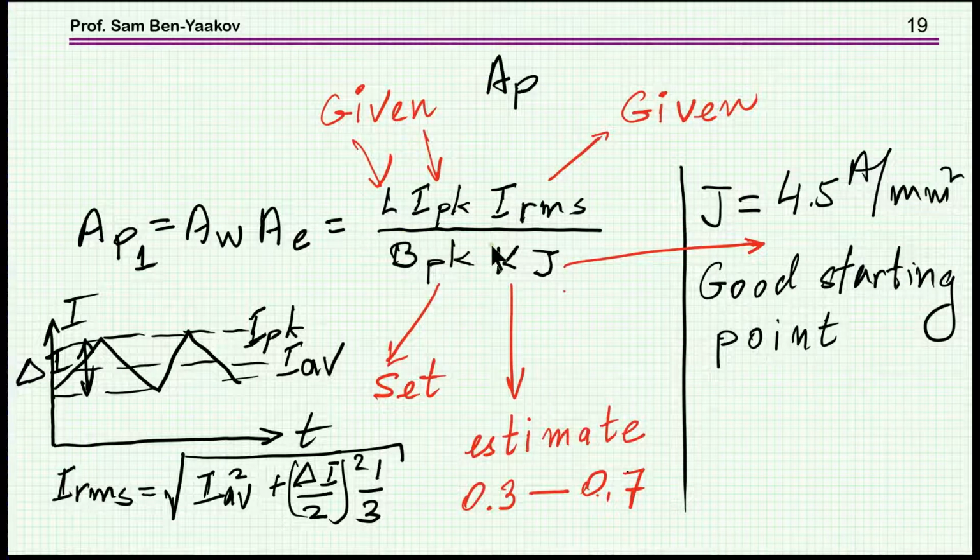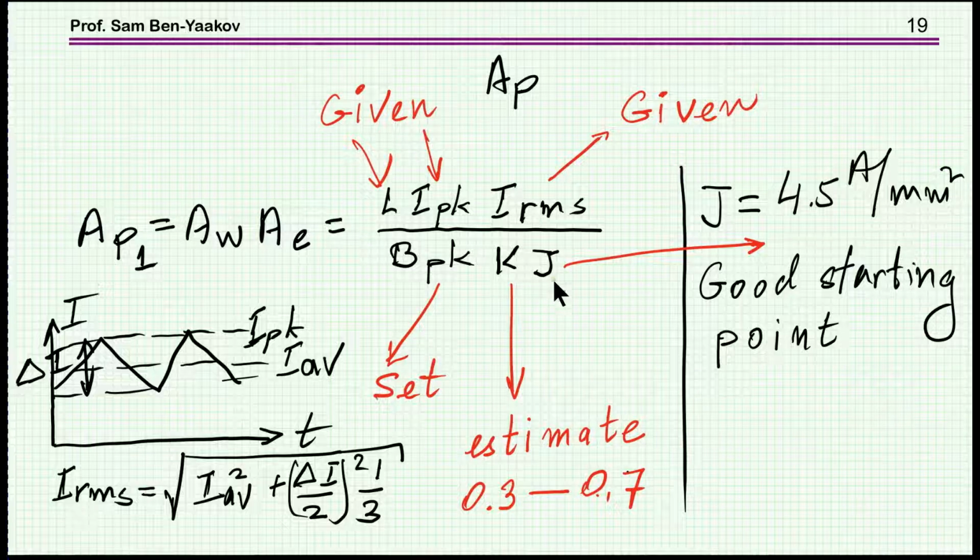Let's have a look at what is given. We know L, this is from the problem we have, I peak, I RMS, and B peak we have decided on. K we estimated depending on what type of wires we expect to use. The range could be from 0.3 for a Litz wire to 0.7 for a well-packed single wire winding.